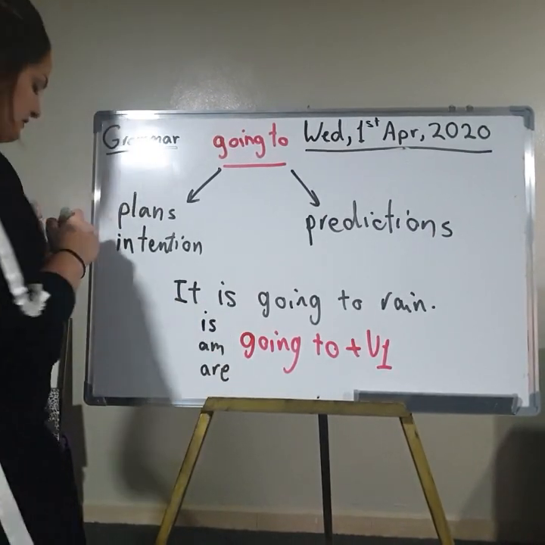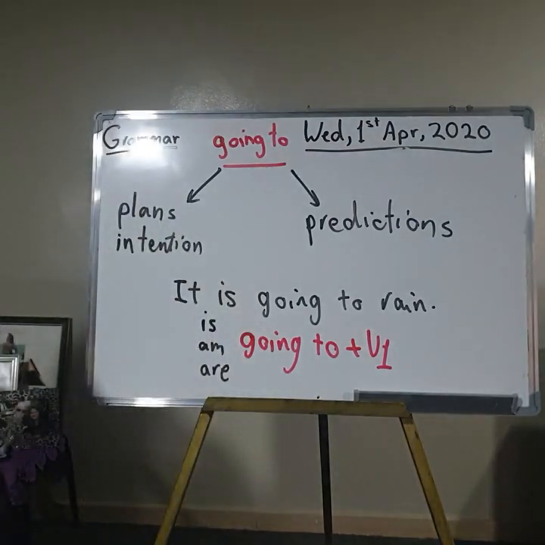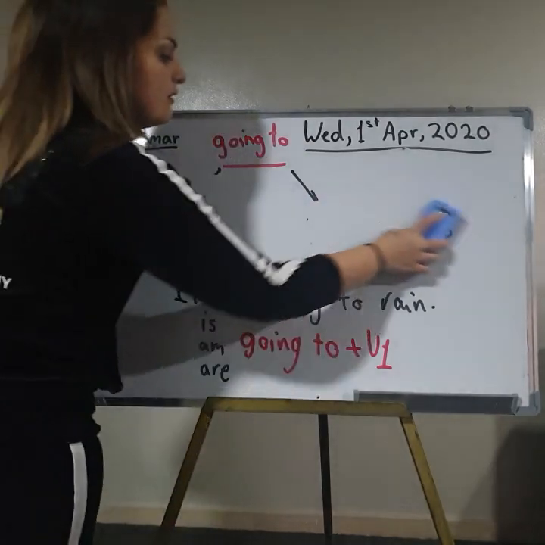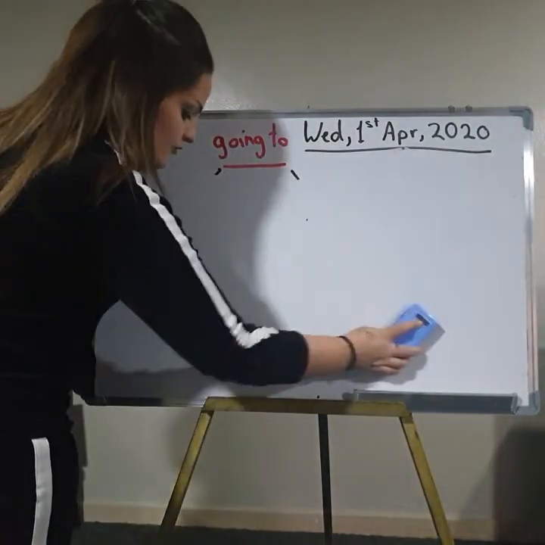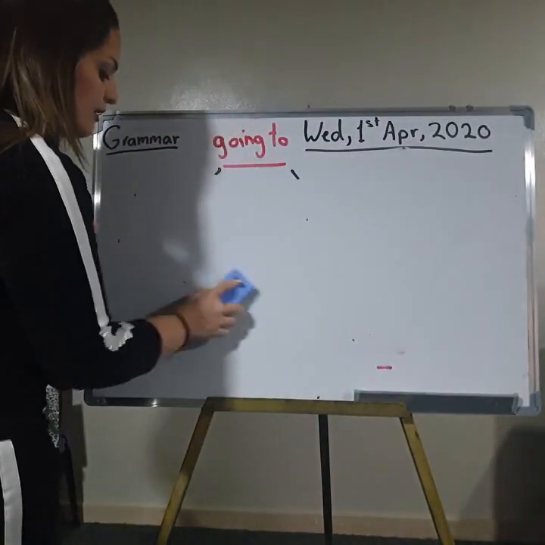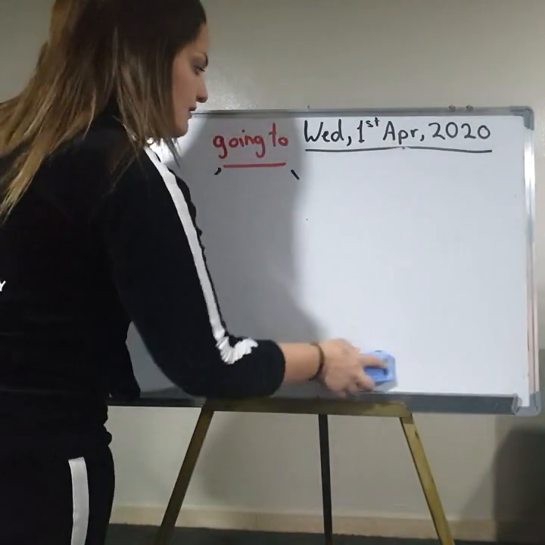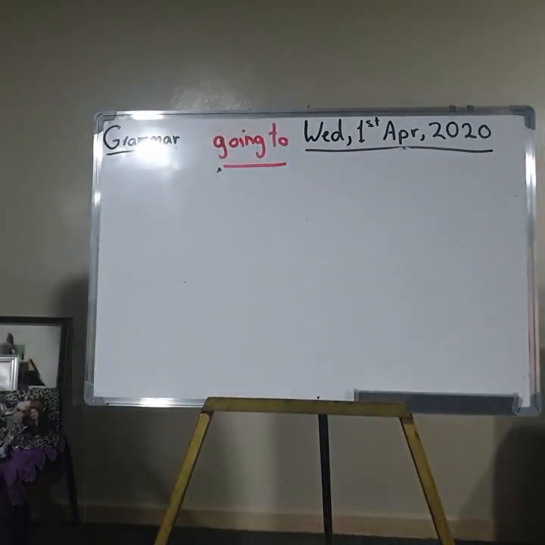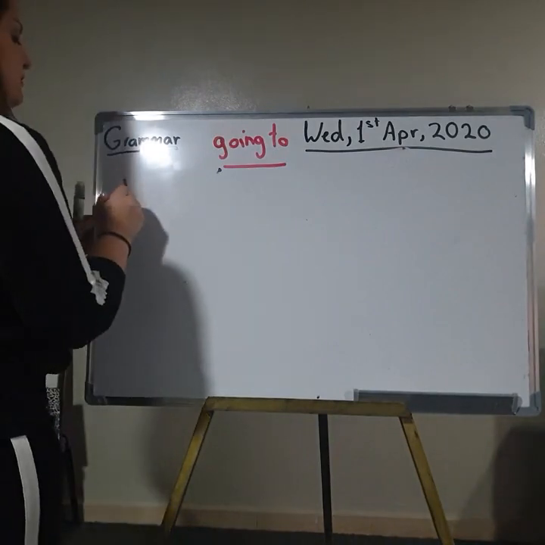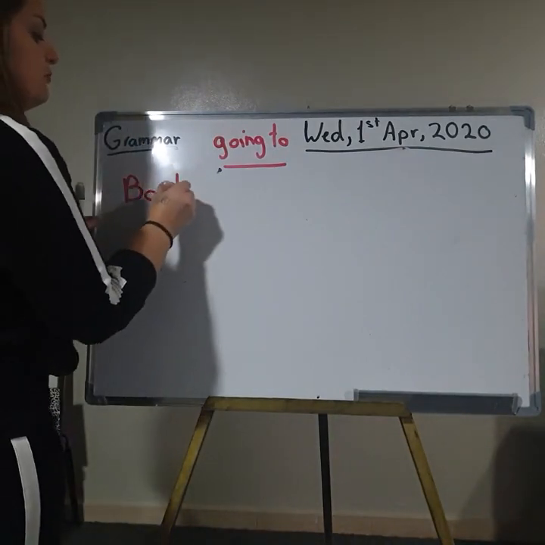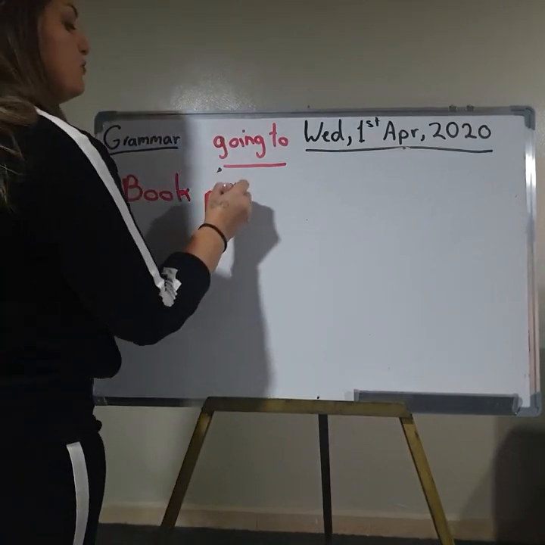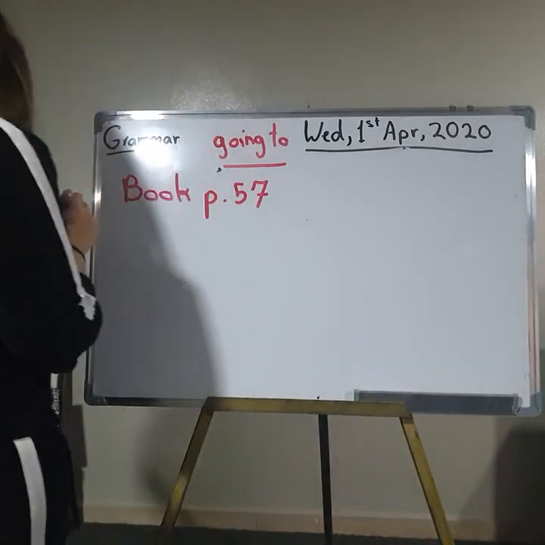Please don't forget to do that, because most of you made many mistakes and forgot to use the helping verbs, okay? Now I will give you the activities you have to do in the book and in the workbook. In the book, your lesson is on page 57, okay?